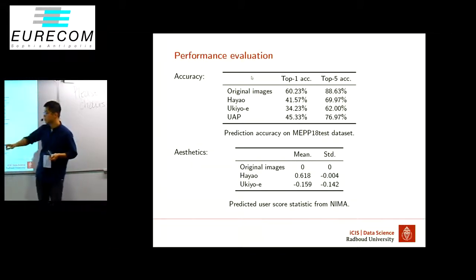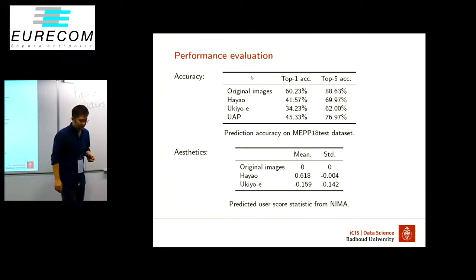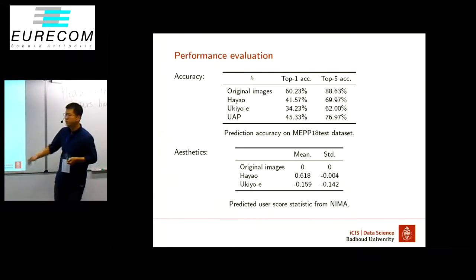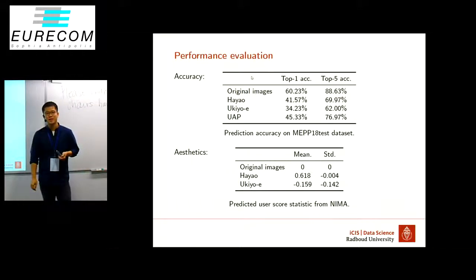If we treat the original images as 0, we can see Hayao has an increase of 0.6 and Ukiyo-e has a little bit of a decrease. Besides NIMA, we also got feedback from the user study. To be honest, it's not good. All of the users don't like the enhanced images, so we also need to fix our methods.